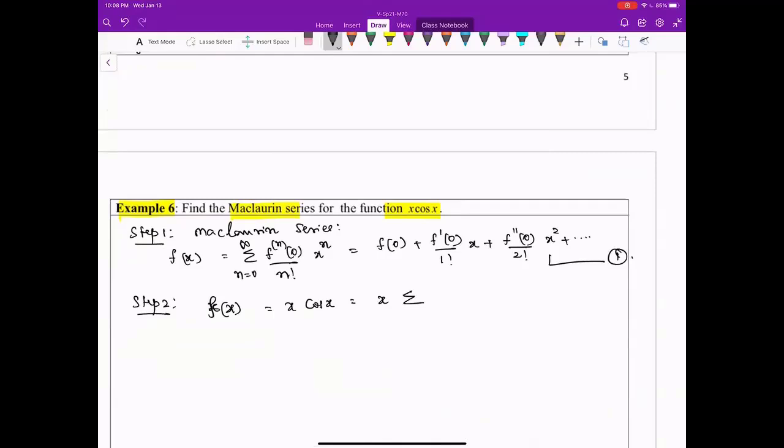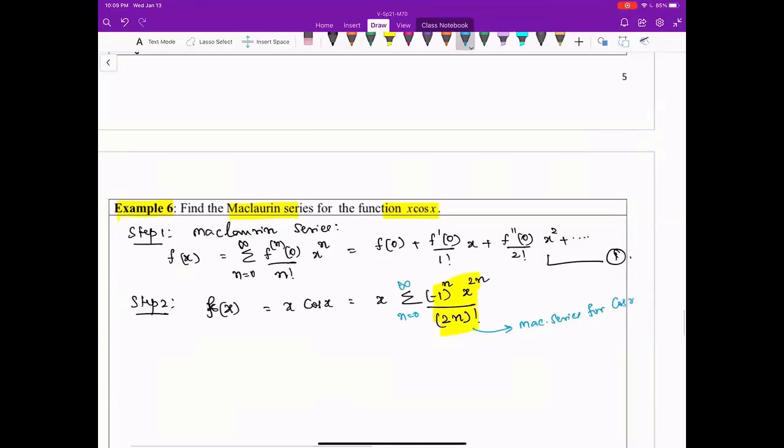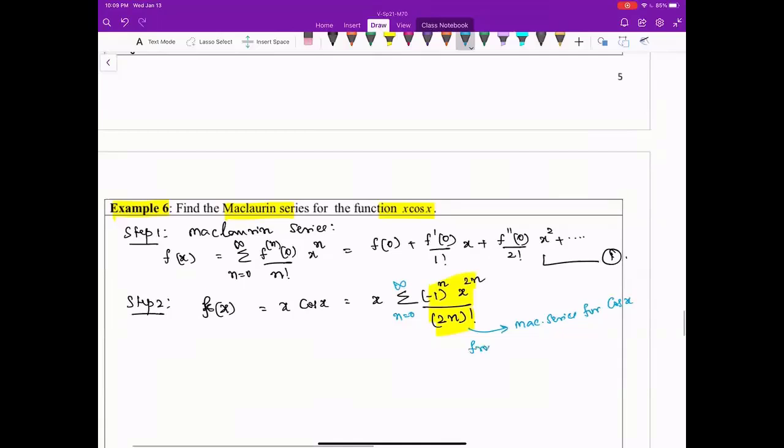The cosine x representation from the earlier problem is negative 1 to the power n, x to the power 2n over 2n factorial. Because we know that this part is the Maclaurin series for cosine x from the earlier example.